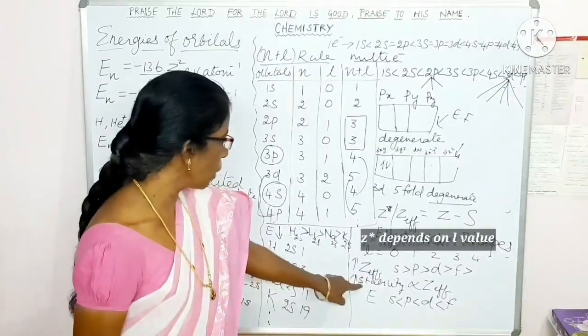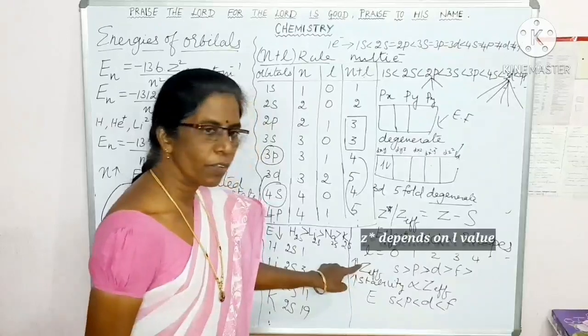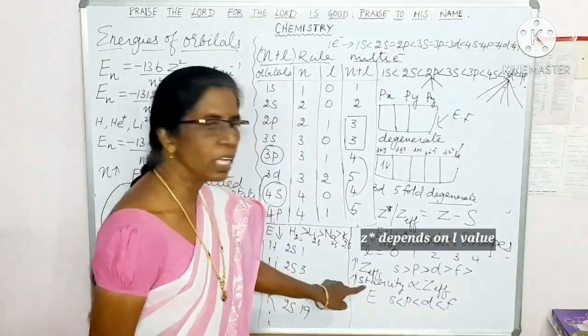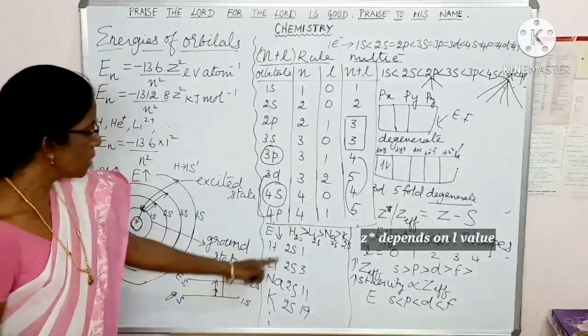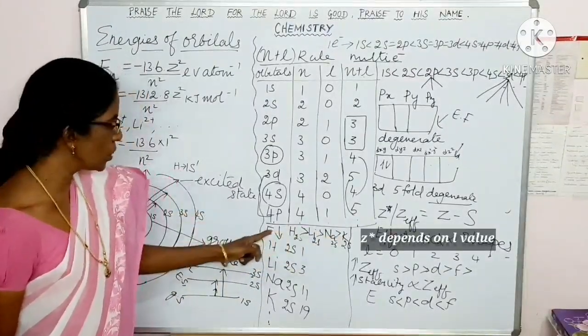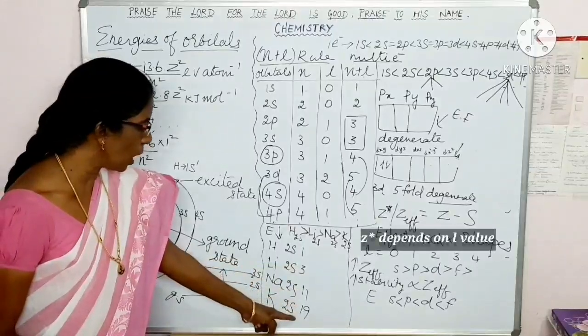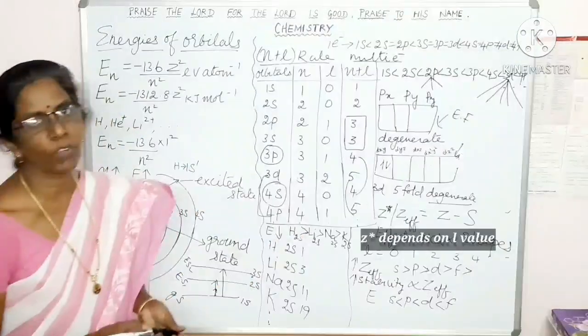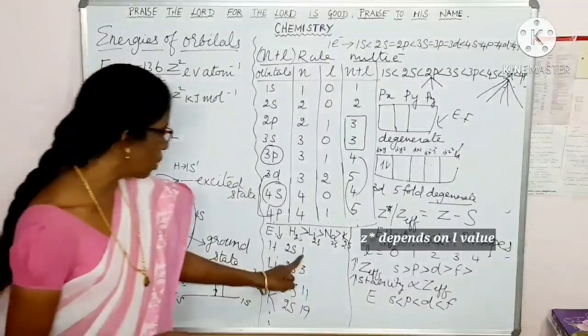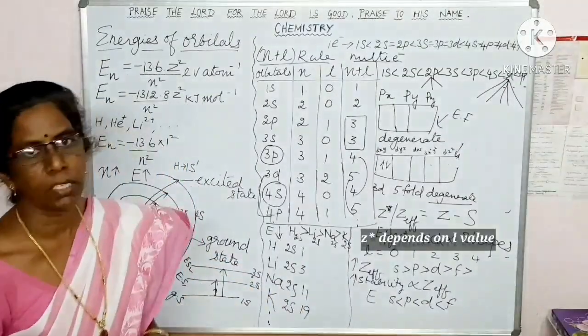At the same time, I want to mention here, greater the effective nuclear charge, stability will also be greater. But when you consider same orbitals in a given shell, as you increase the atomic number, their energy level will decrease. That is also due to effective nuclear charge. That is because of number of protons.